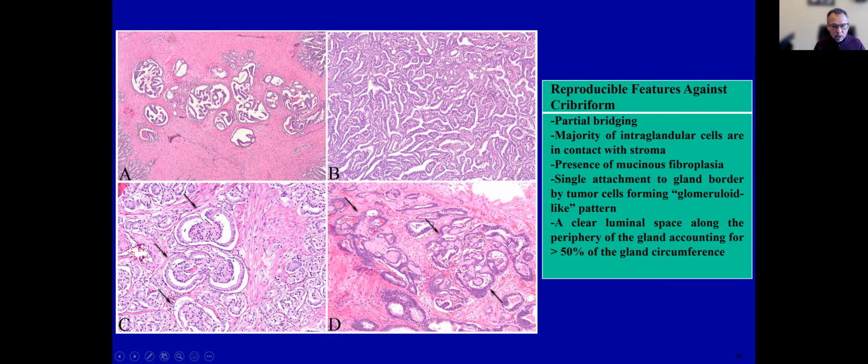Here you have stroma or blood vessels running constantly between the cells. So even though this is a pattern 4 papillary pattern, this is not cribriform pattern 4.